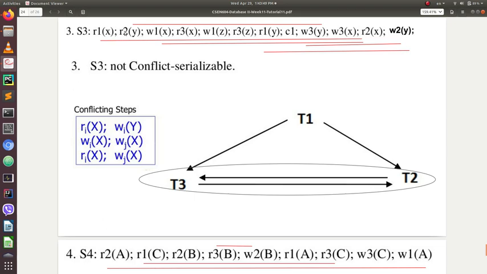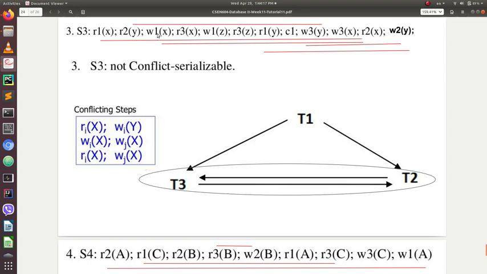Okay, the read operation. Transaction 2 reads the value y, and I can find another transaction 3 that writes the same element y. So transaction 2 must come before transaction 3. So I will draw an edge going from T2 to T3. Here it is.